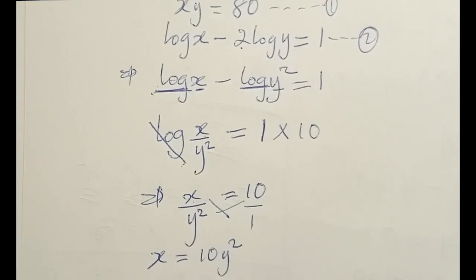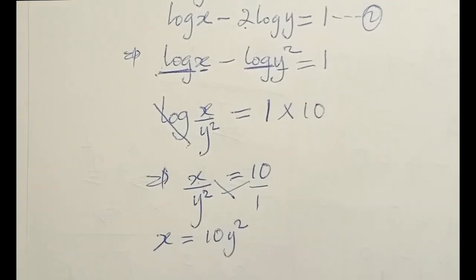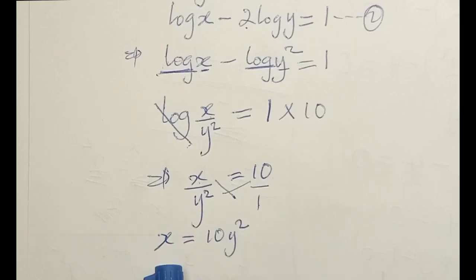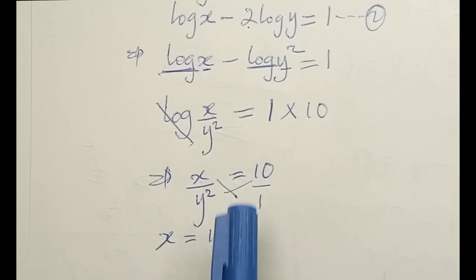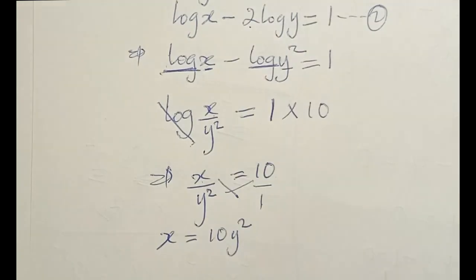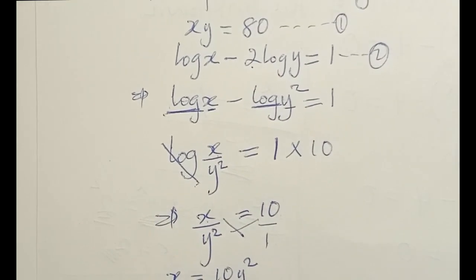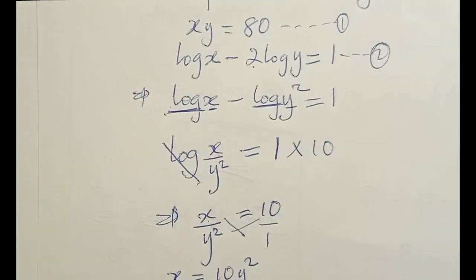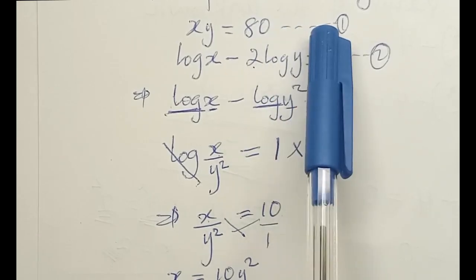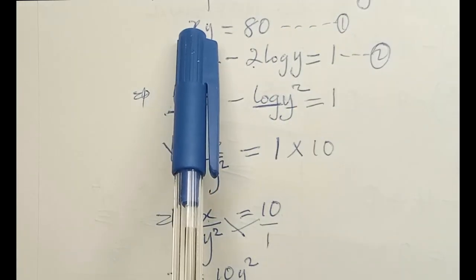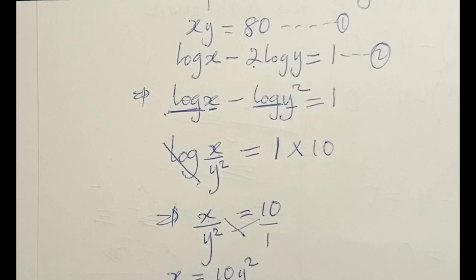So that's the simplest expression. Now we can insert x equal to 10y square into equation 1, which is xy equal to 80. Going back to equation 1, any place that we see x, we instead insert 10y square.